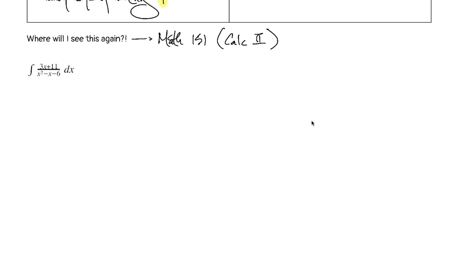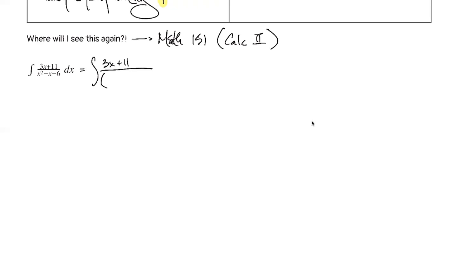Right? This little symbol in the front is an integral symbol. And if you have an integral, you 100% need a dx at the end, okay? And then we're gonna figure out how to integrate this particular function. And so if I'm integrating, what I need to do is figure out, are there factors for the bottom?